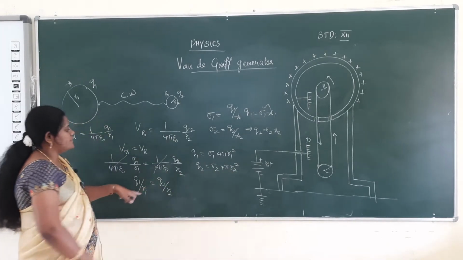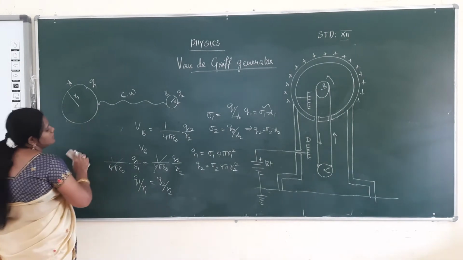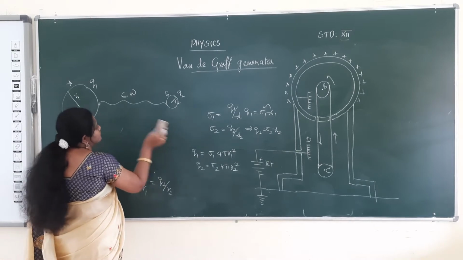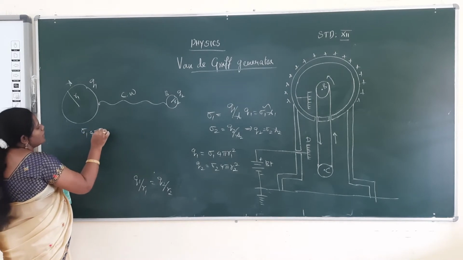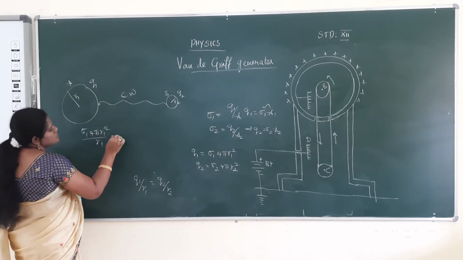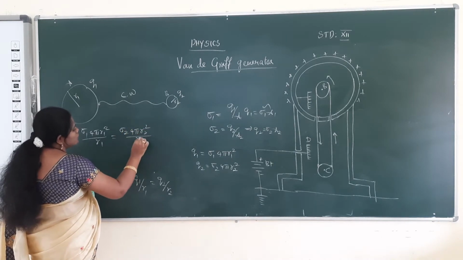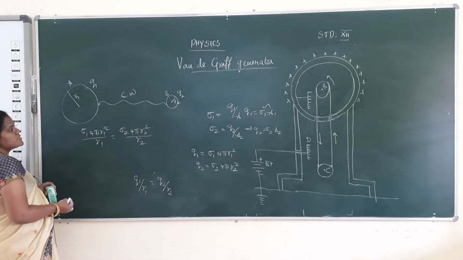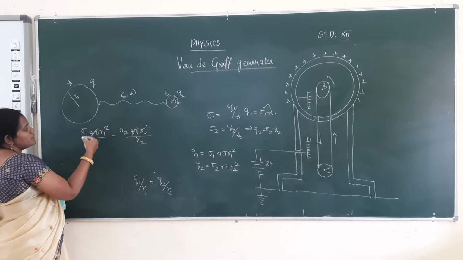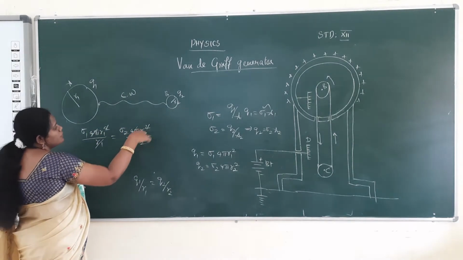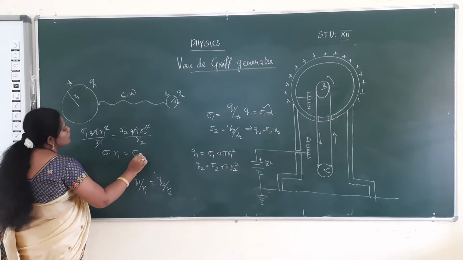Substituting the Q1 and Q2 values in the equation Q1 by R1 equals Q2 by R2, we get sigma 1 into 4 pi R1 square by R1 is equal to sigma 2 into 4 pi R2 square by R2. On both sides 4 pi cancels. Then R1 square by R1 and R2 square by R2, so sigma 1 R1 is equal to sigma 2 R2.